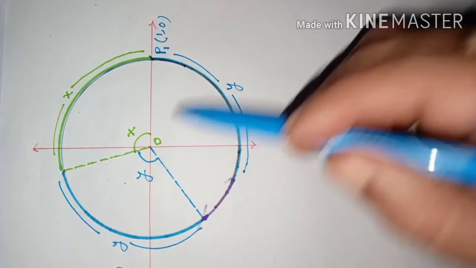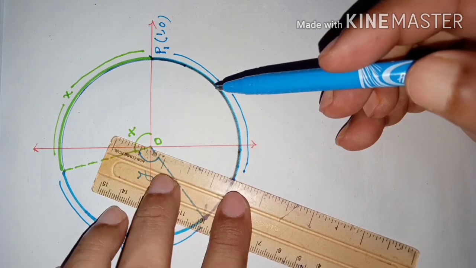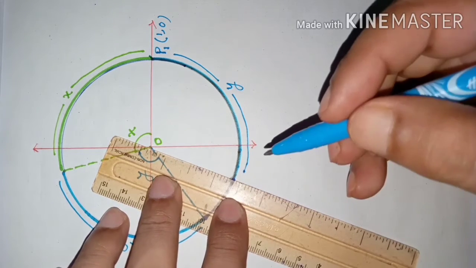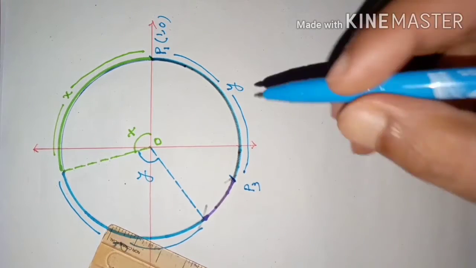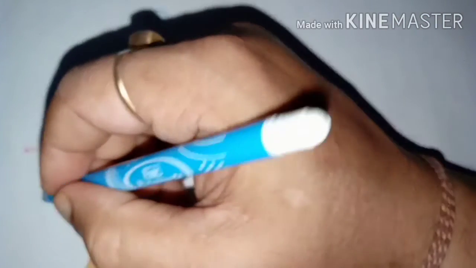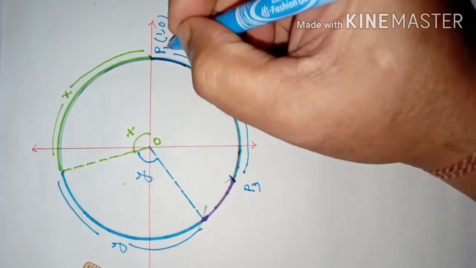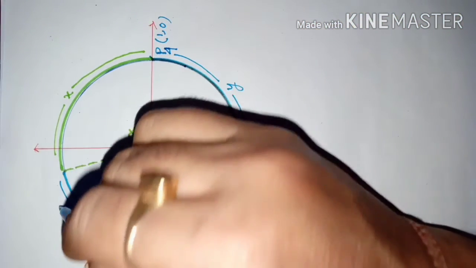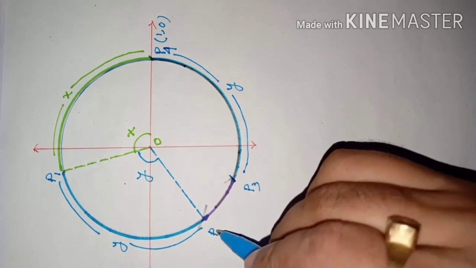y radian. Then, since it is in clockwise direction, say this point is P3, P2 will be here. Let us take this point as P4, dear students, not P1, and this point is P1, and this point is P2.